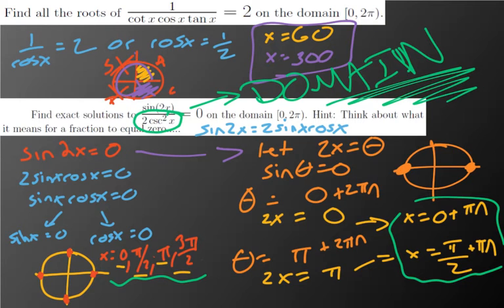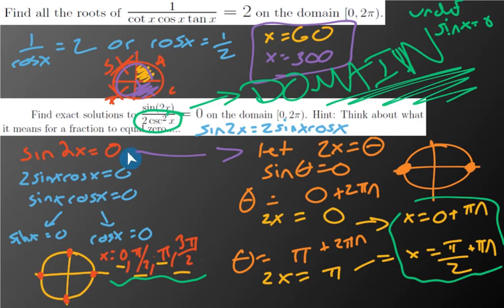You need to consider that. This means that we're going to be undefined whenever sine of x equals 0, because 1 over sine squared is cosecant squared there. But if you get a 0, it's going to be undefined.